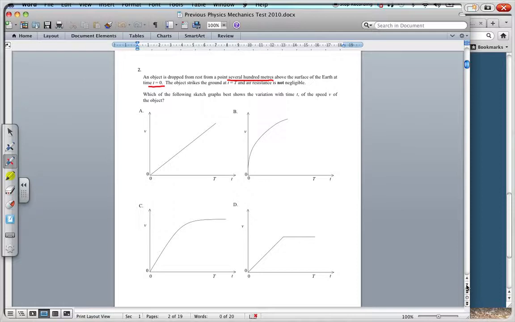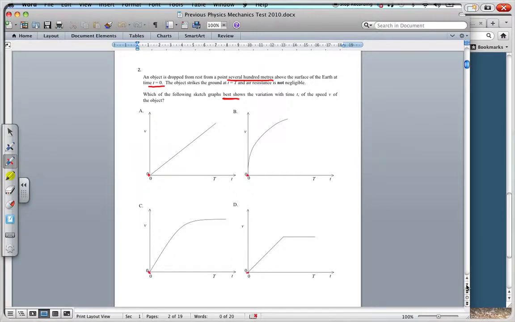So we have: which of the following sketch graphs best shows the actual variation with time t of the speed v of the object? So when looking at them, we need to start at 0, and all of them start at 0 like this.